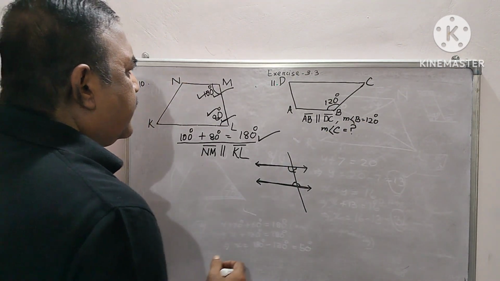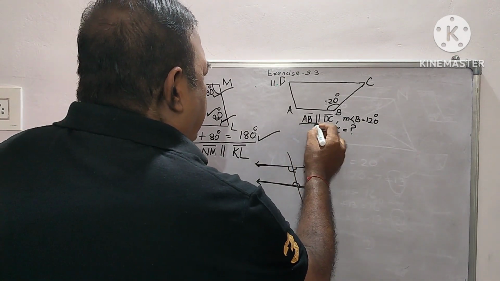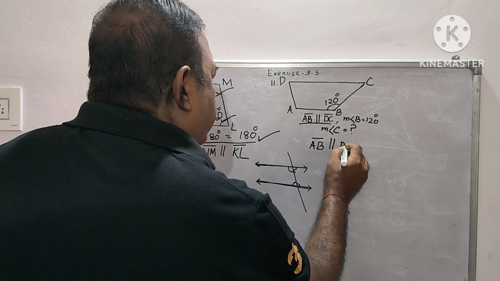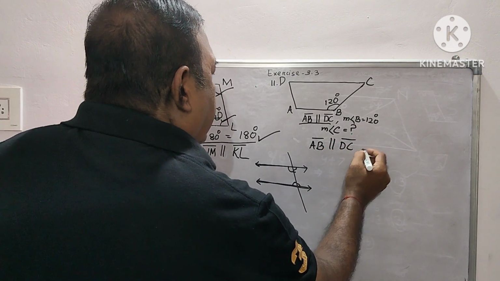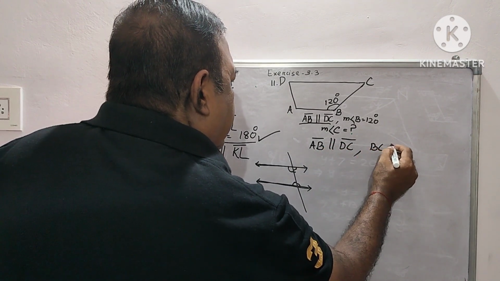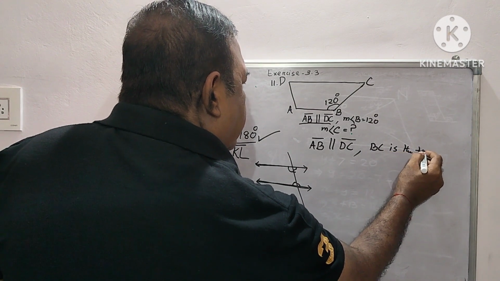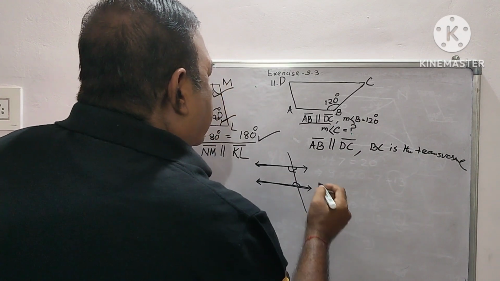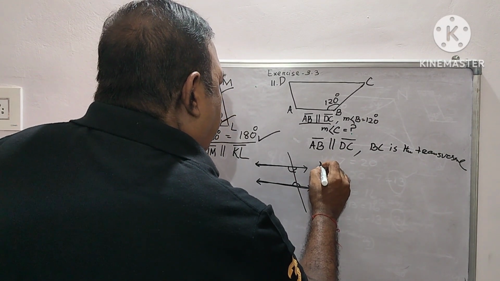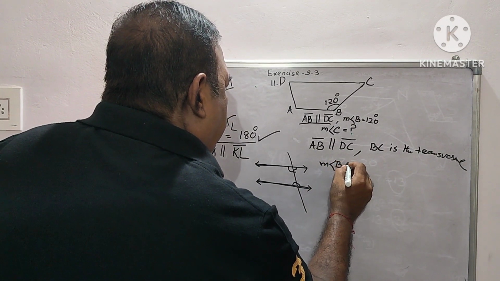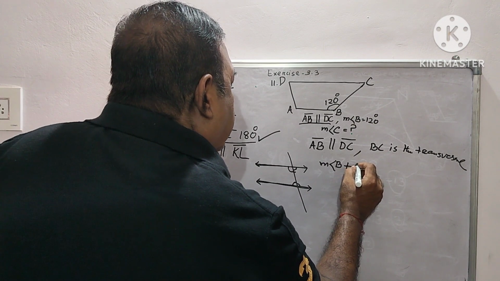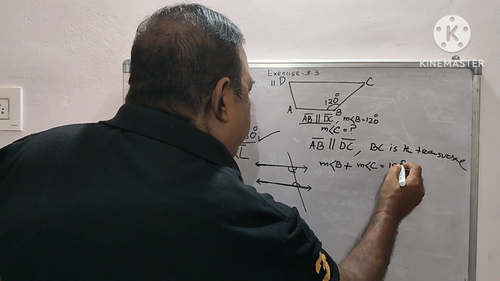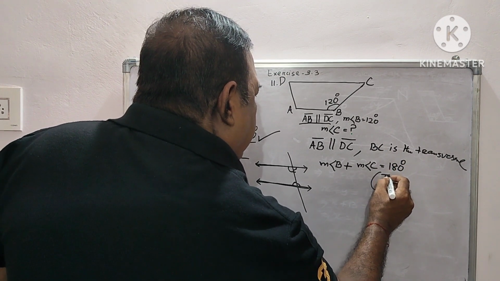So you see, AB is parallel to DC. So you write AB is parallel to DC. BC is the transversal. So measure of angle B plus measure of angle C is equal to 180 degree. Why?